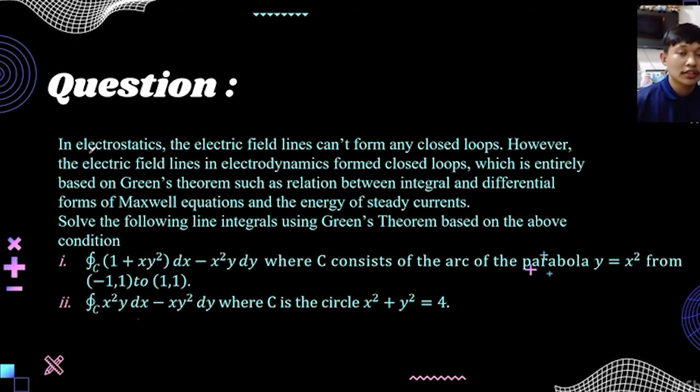Solve the following line integral using Green's theorem based on the above condition. For condition 1, integral of 1 plus xy squared dx minus x squared y dy, where C consists of the arcs of the parabola y equal to x squared from negative 1, 1 to 1, 1.